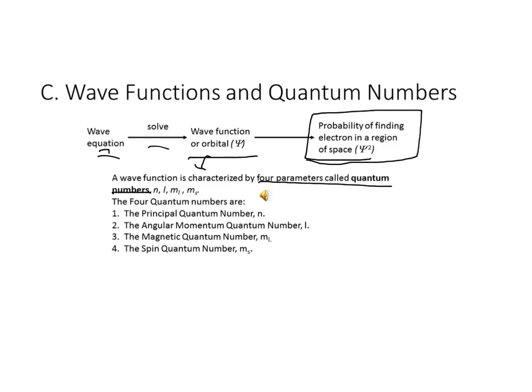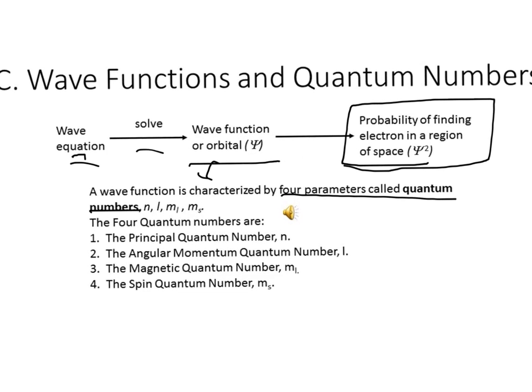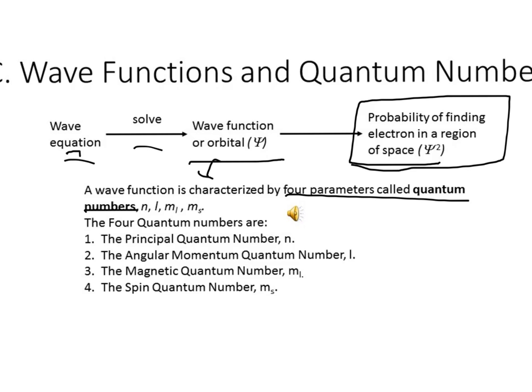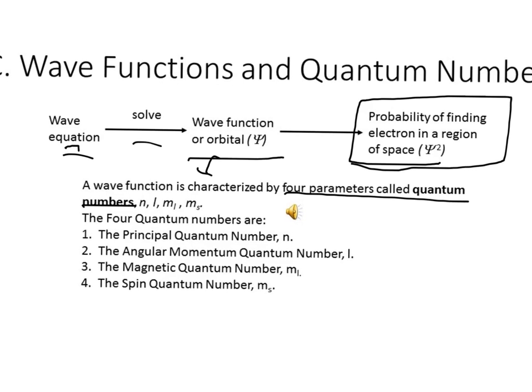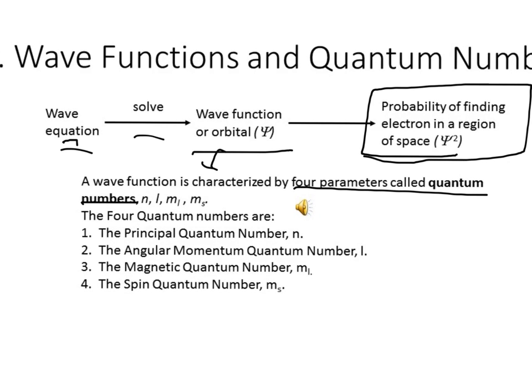These quantum numbers are your principal quantum number, your angular momentum quantum number, your magnetic quantum number, and your spin quantum number. Each of them is represented by a unique symbol, and that symbology is used nearly universally by anybody who wishes to talk about these quantum numbers.